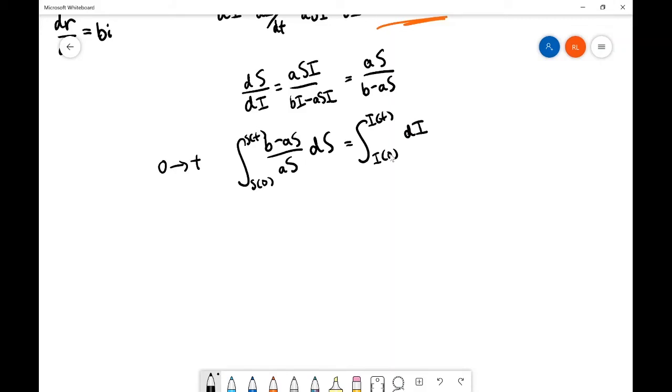And since we are given that S(0) and I(0) are just S_0 and I_0, we rewrite this in terms of that.